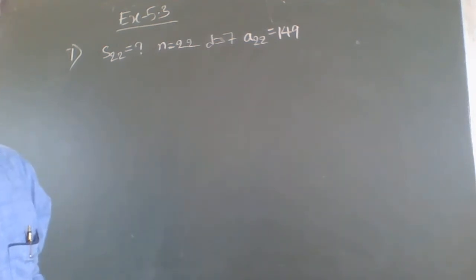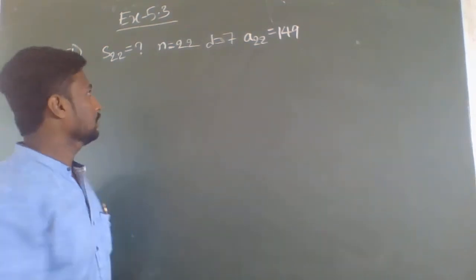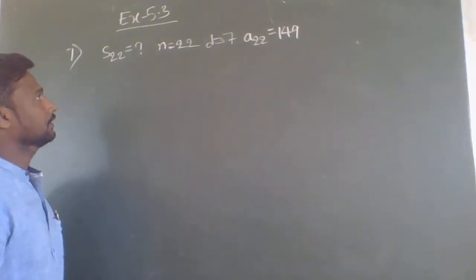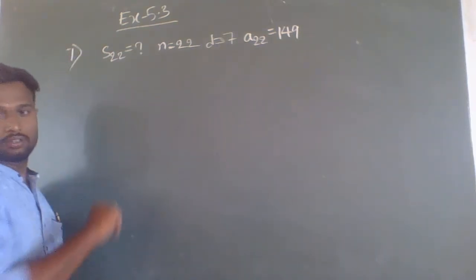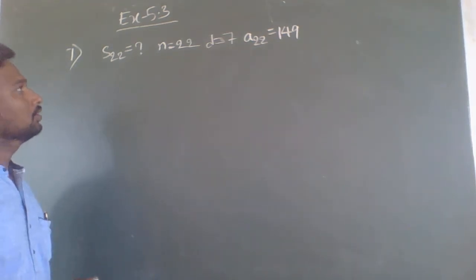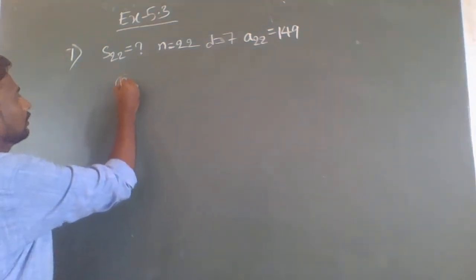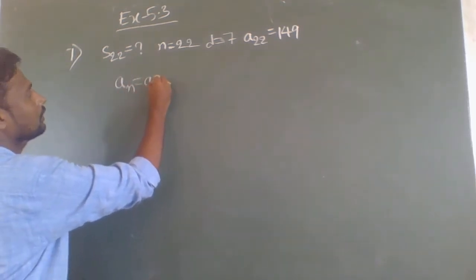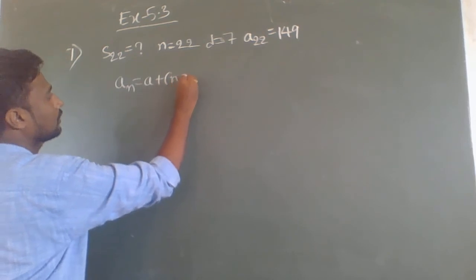Okay. So to get the value of S22, I should have the value of a. They have not given the a value here. So to get a, I will use the formula an equals a plus (n minus 1) into d.